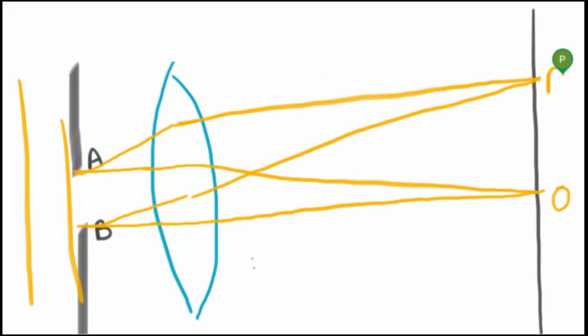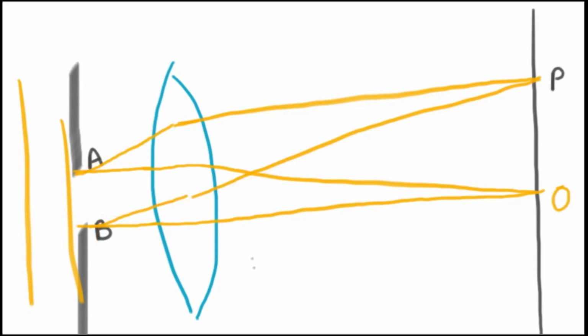Now, in this case, what you notice is, is the light which is traveling from point A to point P traveling the same distance as the light which is traveling from B to P? No. From point B, the light is traveling some extra distance.